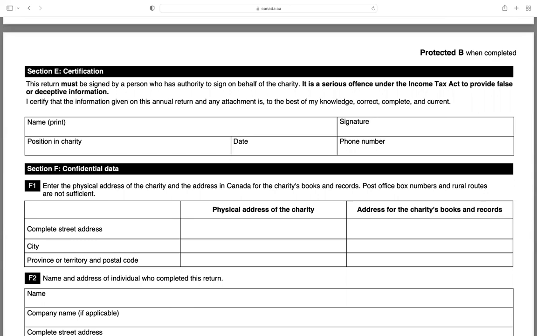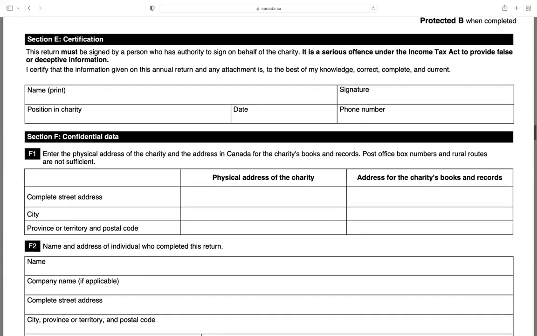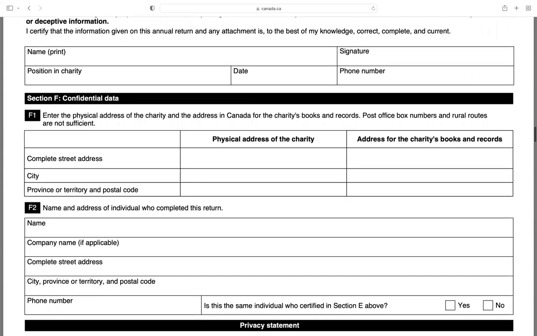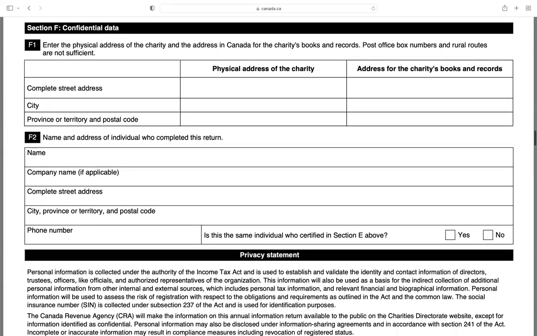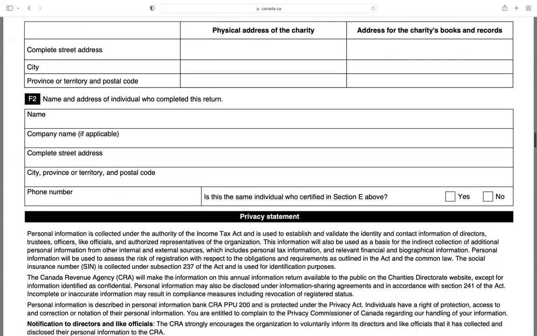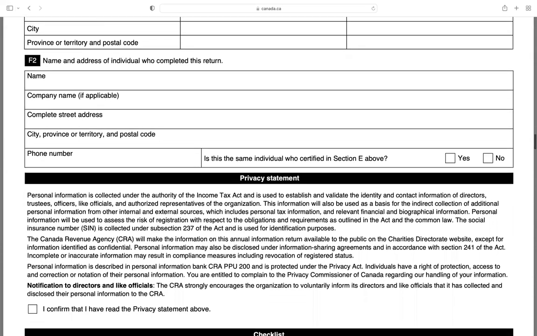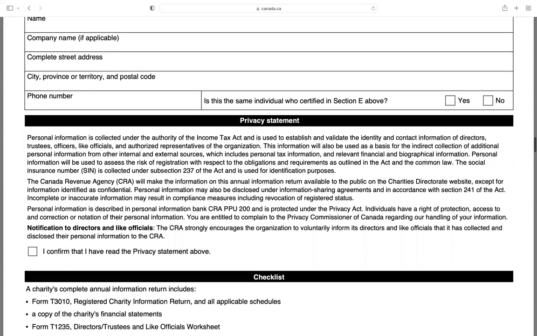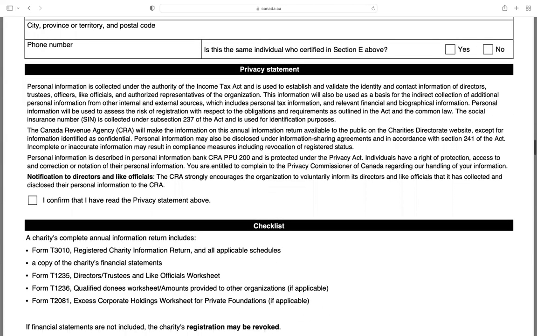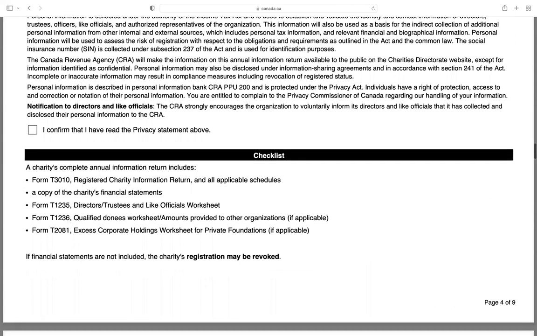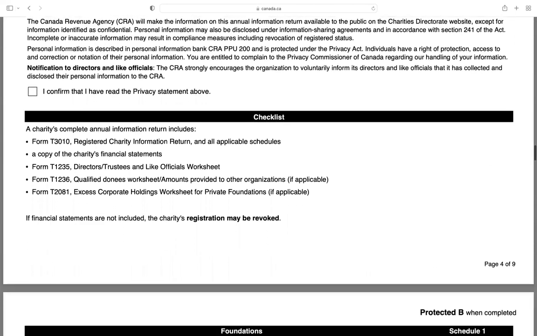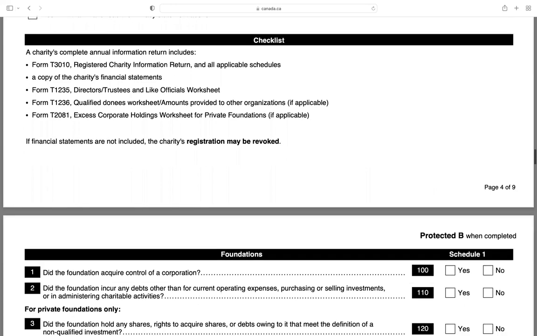So the person must print the name, the position, the signature, and then the confidential details of the person: the physical address, the company name, the street, the province, the city, and the phone number, and it's signed to confirm that the information above is correct.